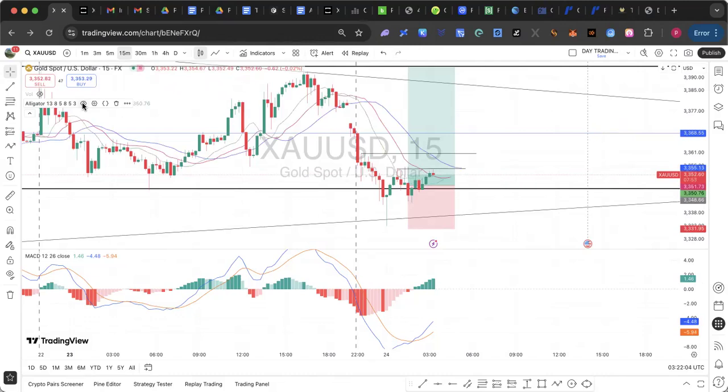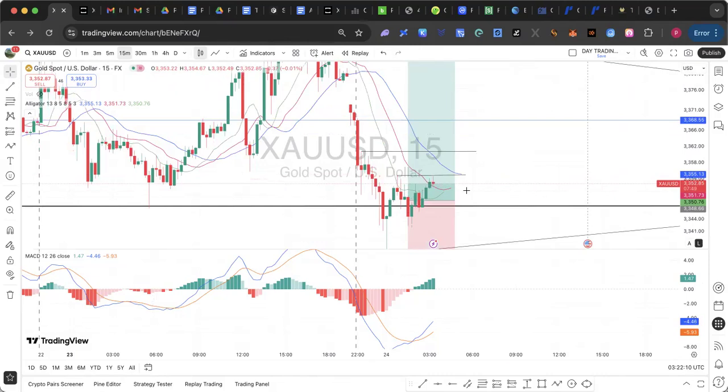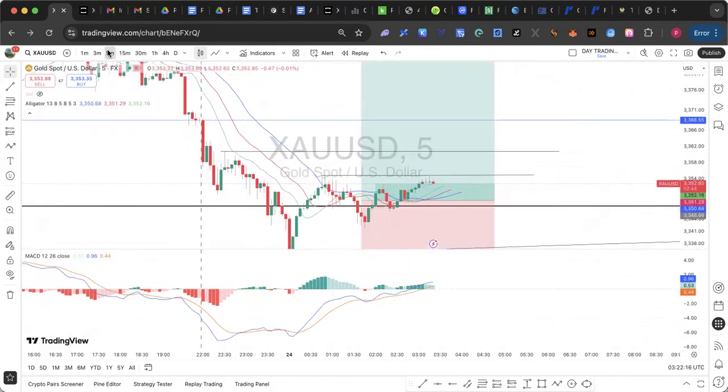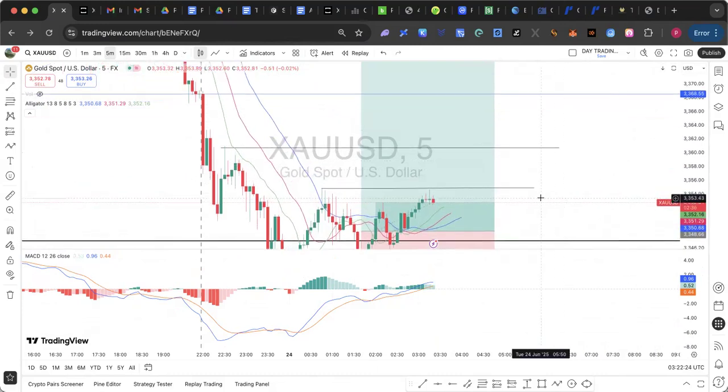Now for the alligator, right now this is 15 minutes. For my entry on the alligator, it's not actually right for me to have entered. So we always say indicators actually lag, but if you know price action, you will definitely have entered. But if you're on the 5 minute time frame for scalping, you will have entered even with the alligator. How do I mean by that?